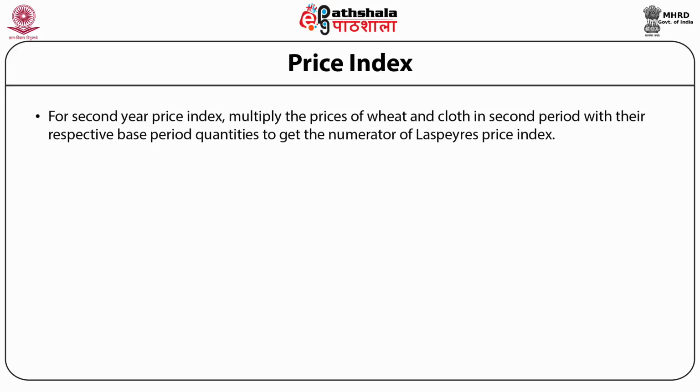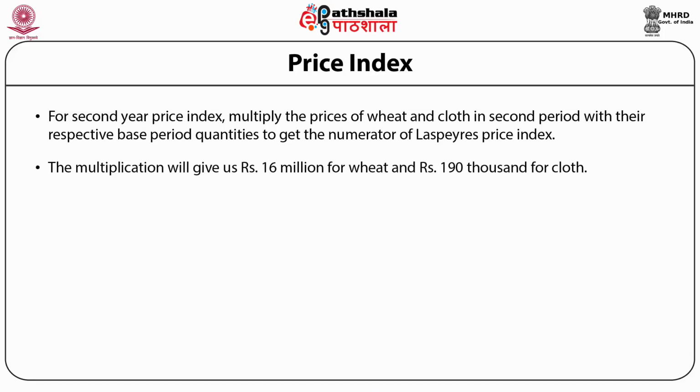For second year price index, multiply the prices of wheat and cloth in the second period with their respective base period quantities to get the numerator of Laspeyres's price index. The multiplication will give you rupees 16 million for wheat and rupees 190,000 for cloth.